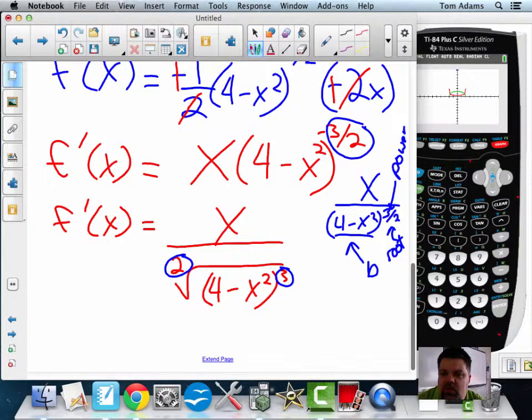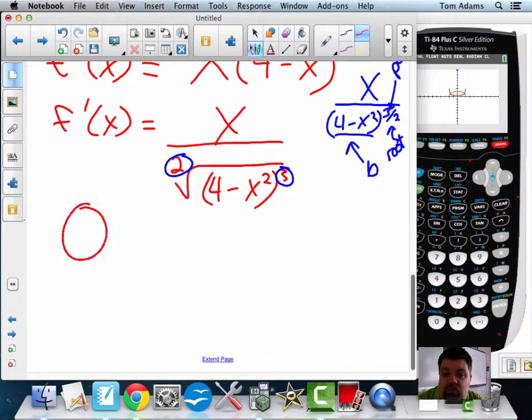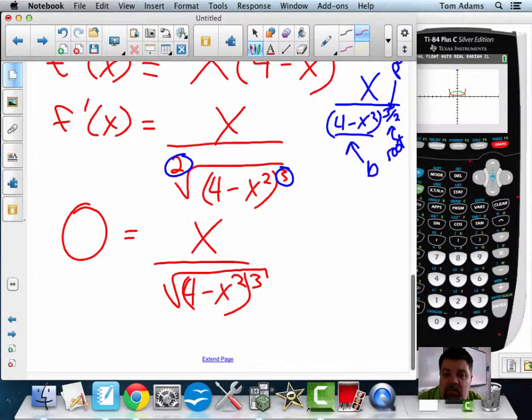We're putting that on the bottom. The reason I did that is so that we could see, remember, that with rational expressions we cannot have 0 in the denominator, so that's a restriction on the domain of f prime. We have to remember that f prime is completely different than f.